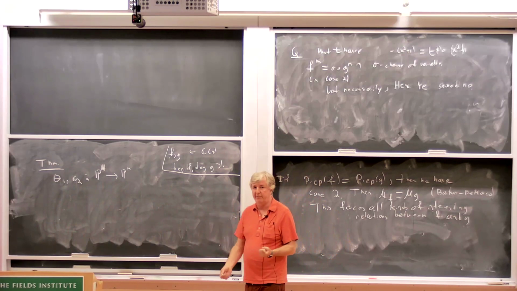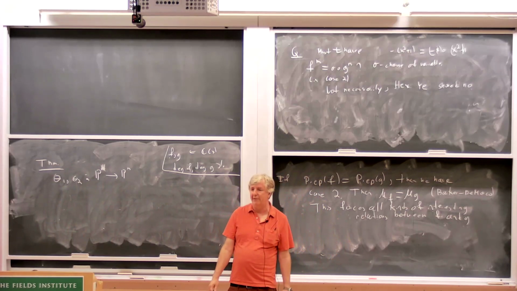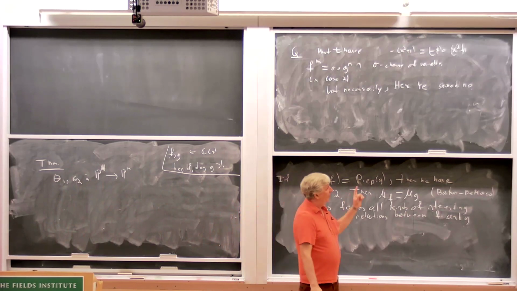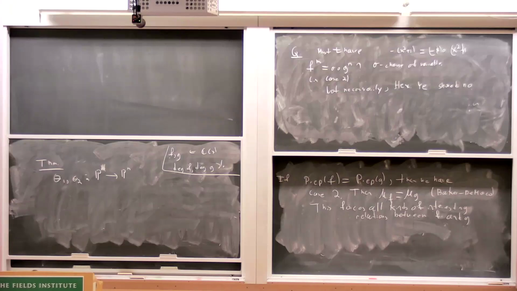But if I pick 2 random rational functions, they're probably going to generate a free group. So I would say part 2, where we derive it from the preperiodic loci being the same, in characteristic p is as false as it could possibly be.